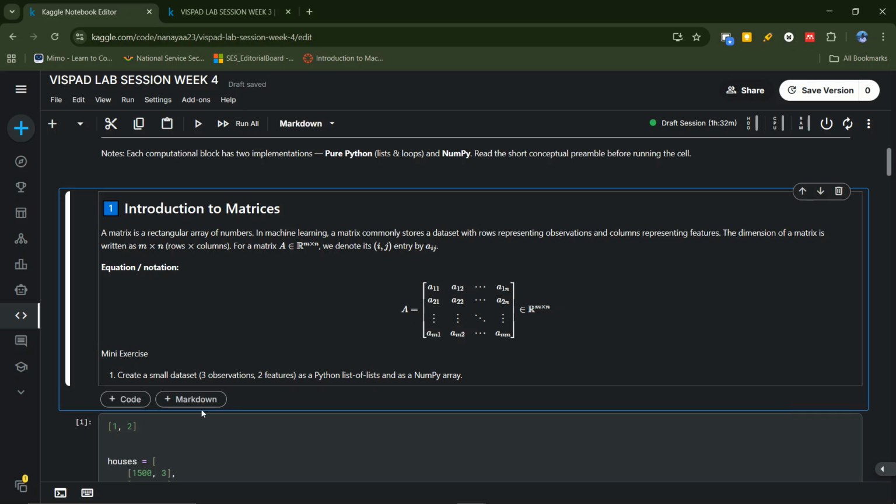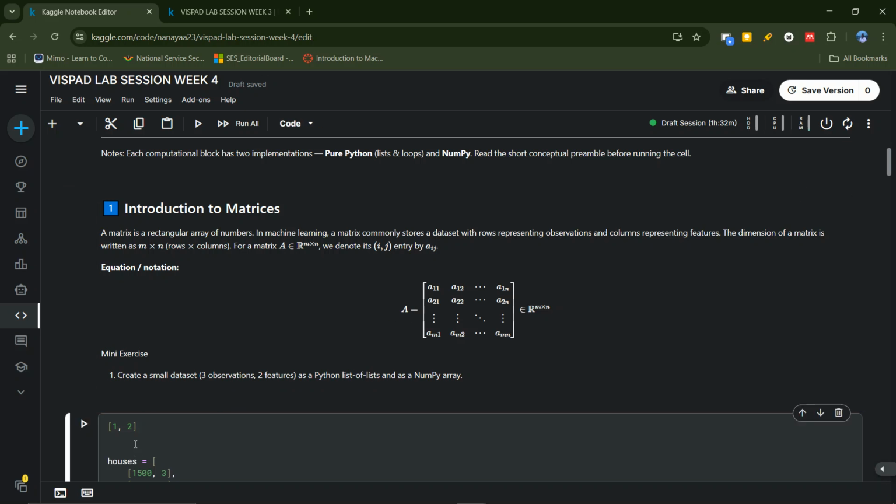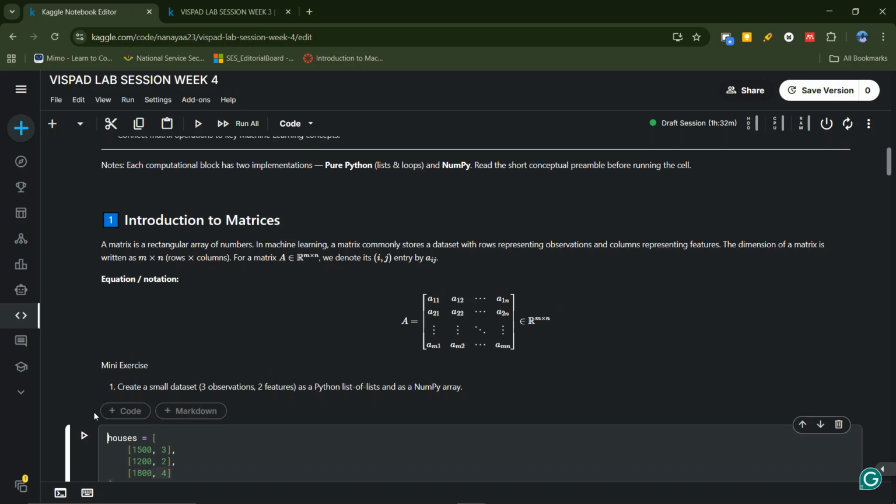So over here we have a small mini exercise which says: create a small data set, 3 observations, 2 features, as a Python list of lists. If you say a list of lists, it's like having a list, and inside that list there are lists.